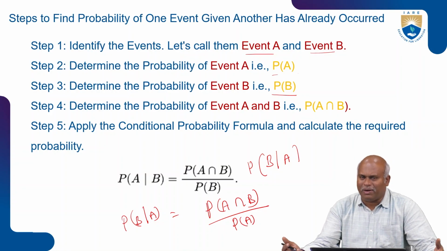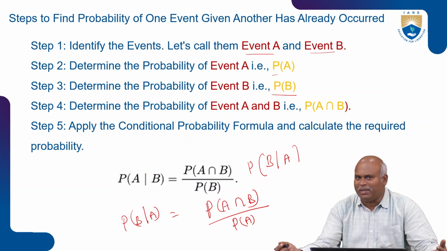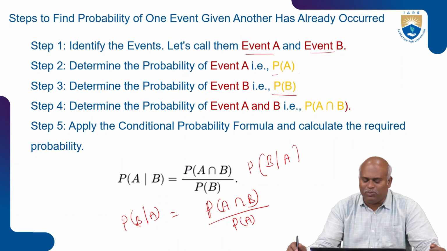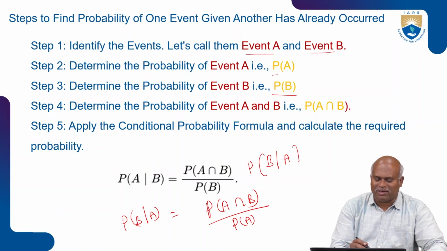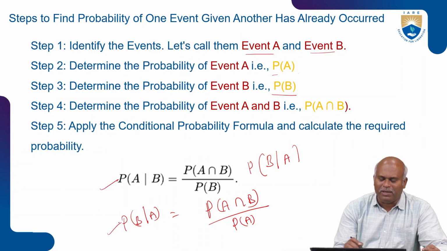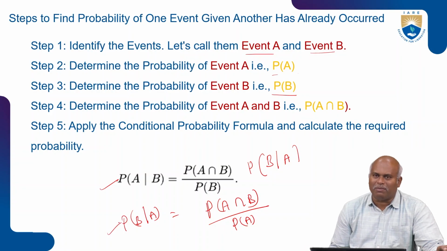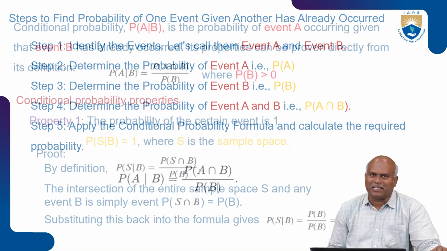Whether the probability occurs with A first or B first, both have the possibility. So whether we write P of A given B or P of B given A, we should write the formula like this in the probability of occurrence case.